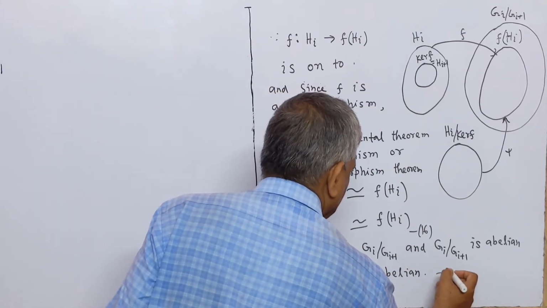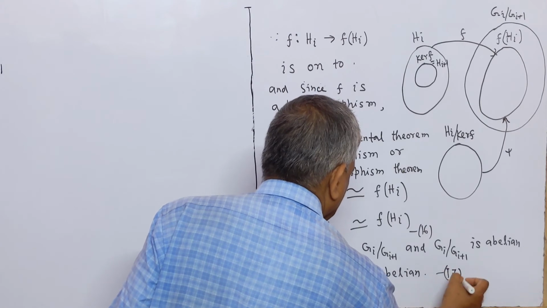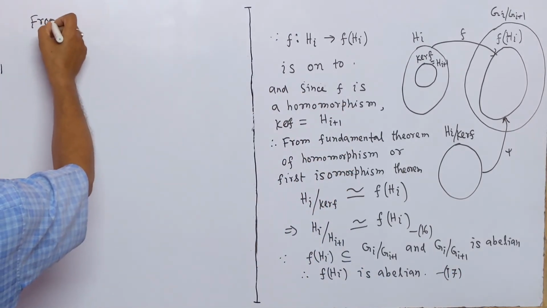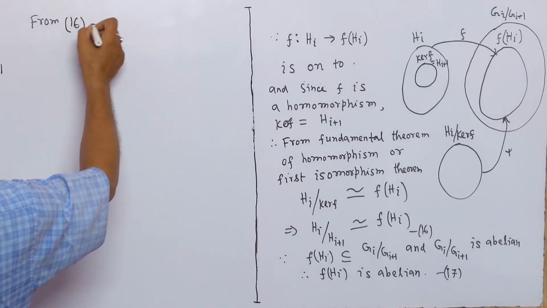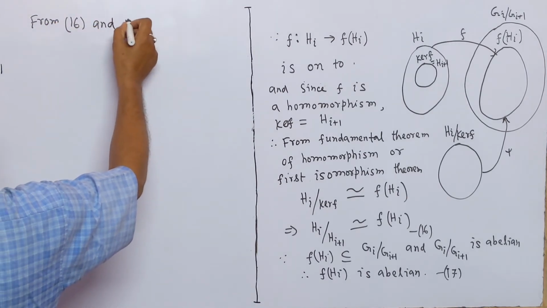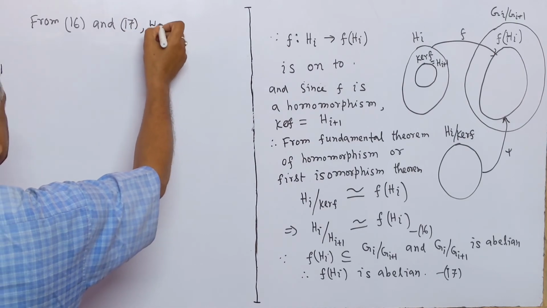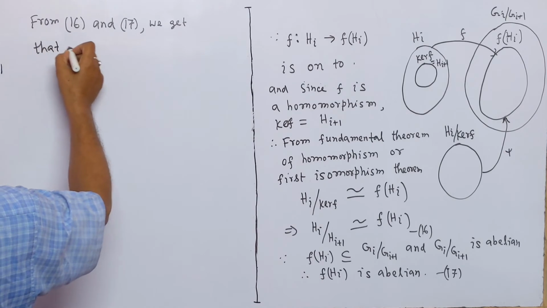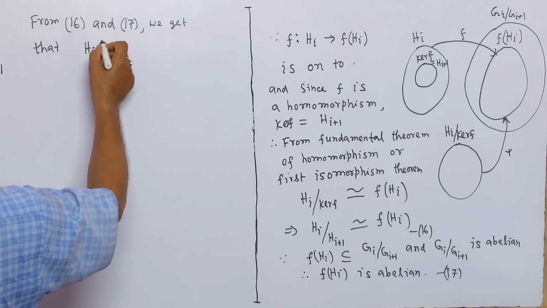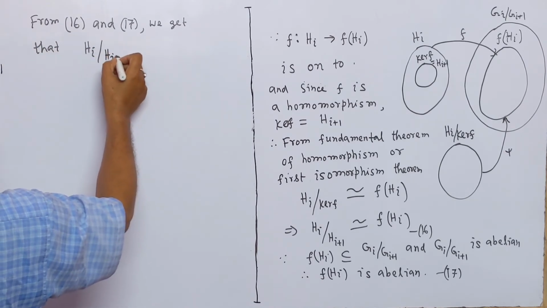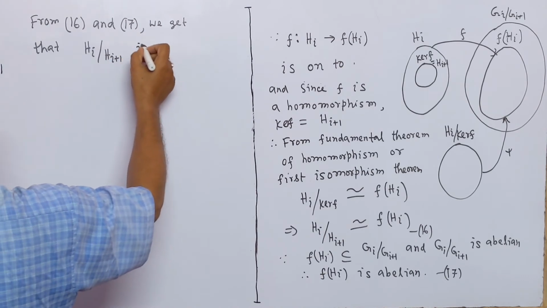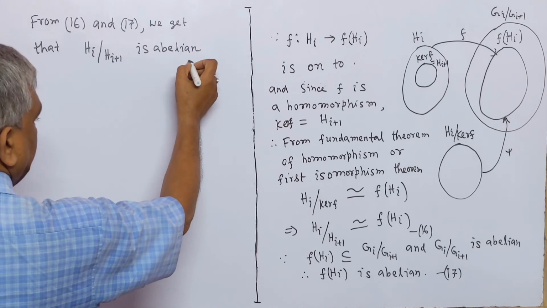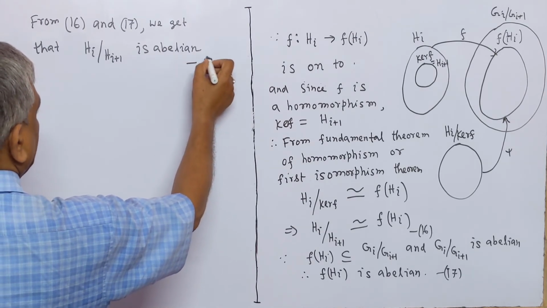This is number 17. From 16 and 17, we get that Hi by Hi plus 1 is abelian. This is number 18.